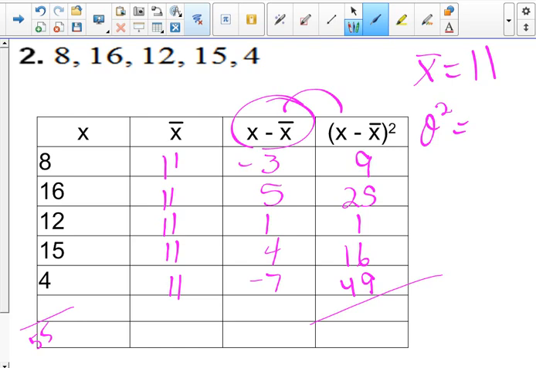So 9 plus 25 plus 1 plus 16 plus 49 is equal to 100. And correct me if I'm wrong, divided by 5, so it's going to be 20. Yeah, that's what I got. All right, and now to get sigma, we're going to take the square root of 20.